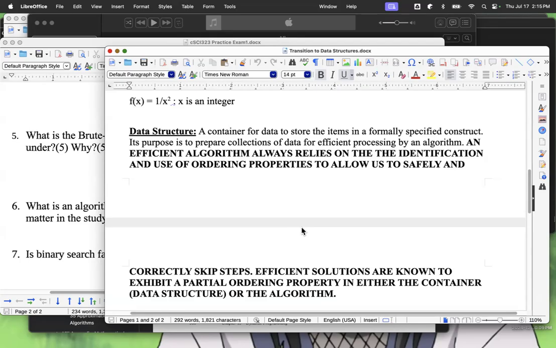Before you know it, because we have a partial ordering property, we're able to find what we're looking for faster, because we can assume certain things about the partial ordering based off of those preconditions. By means of that, we're able to skip steps. And skipping steps means that we're able to work faster, but only if we skip steps correctly. Yeah, the binary search makes it make a lot of sense.